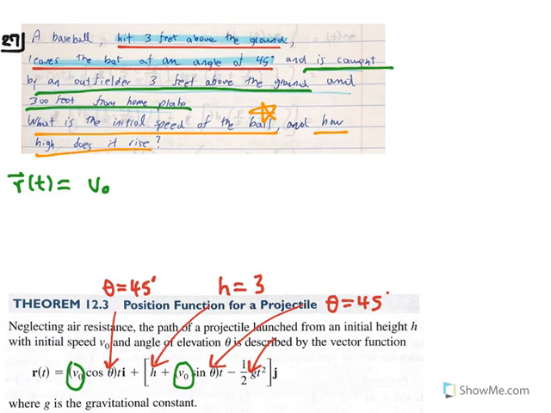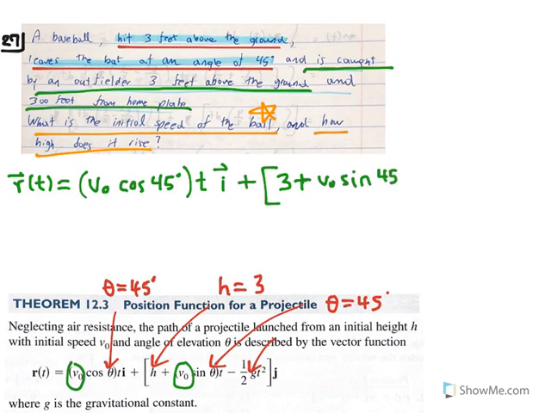So I have v naught times cosine of theta, cosine of 45 degrees, times t i plus h, the initial height is 3 feet, plus v naught, which I need to find, times sine of 45 degrees, times t, minus 1/2 times g. g is 32. Half of 32 is 16. So minus 16 t squared j.